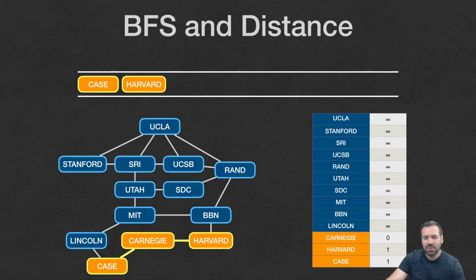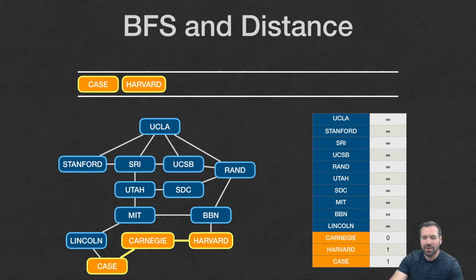For Case, the answer is no, so we're going to explore it. To explore a node, we enqueue it, mark it as explored, which I'm using orange for here, but you would add to your array list, and then mark its distance as the distance of the node that discovered it, which is 0 in this case, plus 1. So the distance from the starting node to Case is going to be 1.